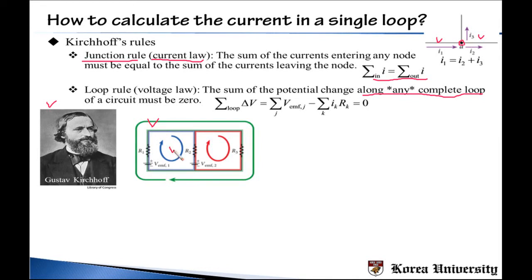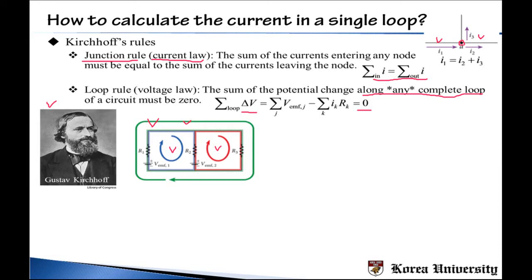So in this example shown here, there are 3 different complete loops. The first one on the left side of the circuit, second on the right side of the circuit, and then lastly, if you go around the perimeter of the circuit, then these are examples of complete loops. So whichever you choose, this loop rule must always be satisfied. Therefore you go around the loop and find any potential change you come across and make a summation, and then you will get 0.